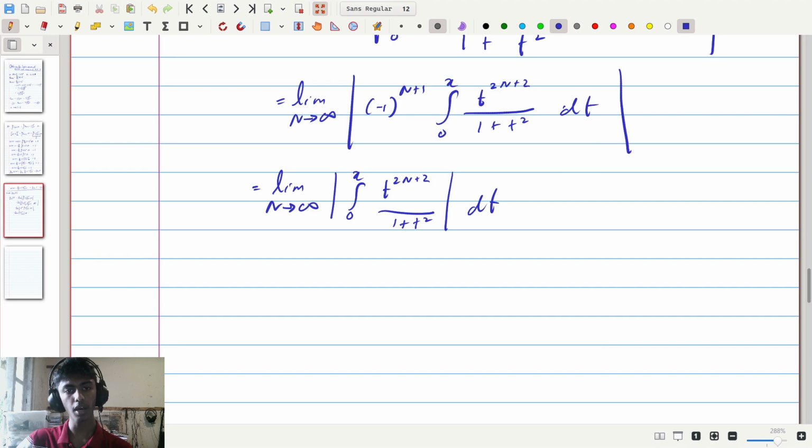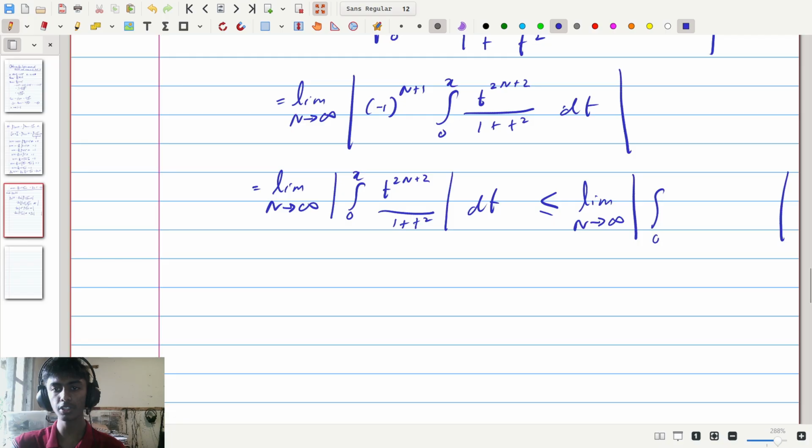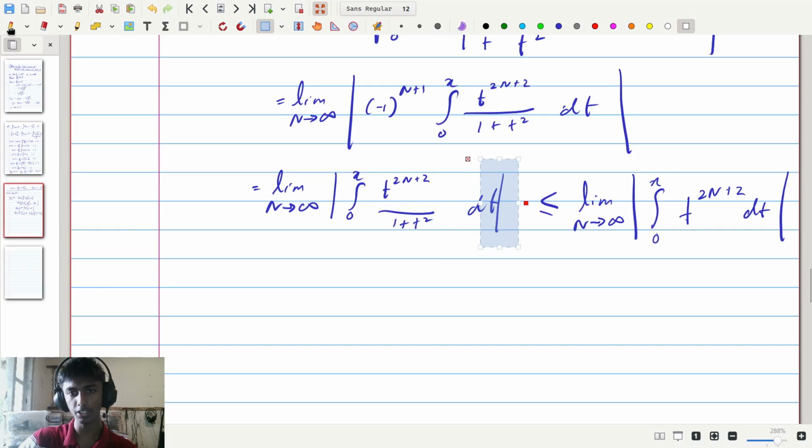Therefore, this sum here is going to be less than or equal to the limit as n goes to infinity of the alternate sum of the integral from 0 to x of just t to the 2n plus 2 dt. This is going to be true because every single term, actually I made a mistake here, this absolute sign needs to be outside here.